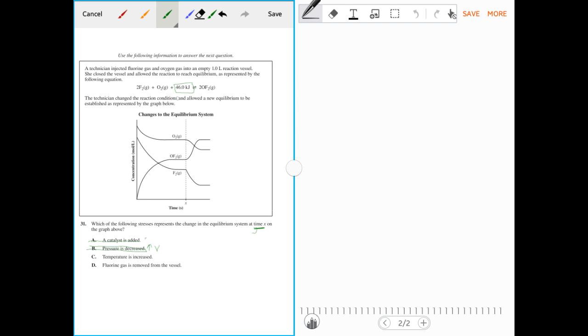This is already an endothermic reaction, so if we increase our reactants, then we should also see an increase in our products, right? Our equilibrium, think of it as a scale or a teeter-totter.